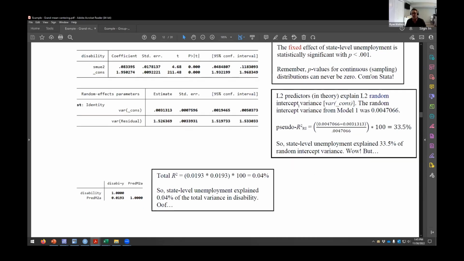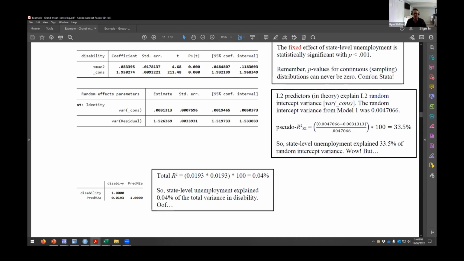Thinking through our pseudo R-square, level 2 variables, state level variables, explain state level variance components. So this state level unemployment should explain level 2 random intercept variance. The previous model that we saw, model 1, had a random intercept variance of 0.004766.